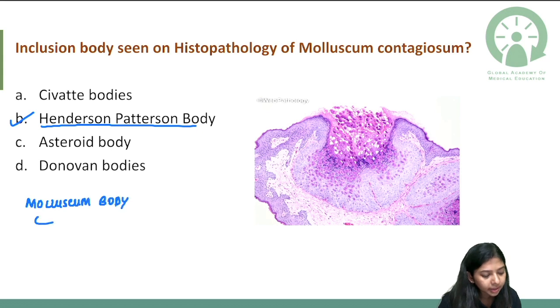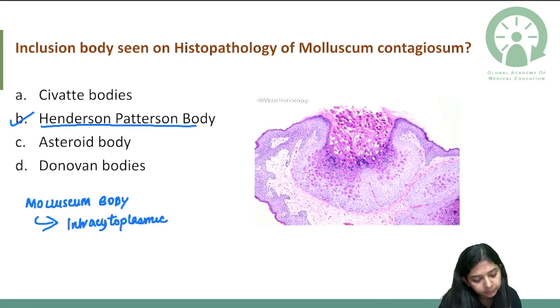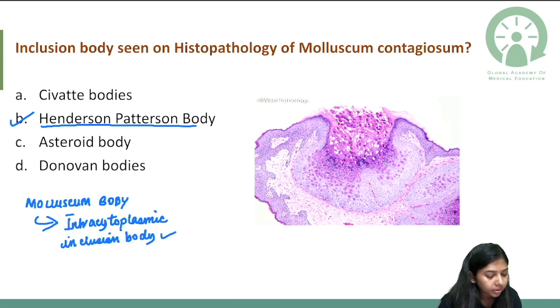Molluscum body or Henderson-Patterson body, it's an intracytoplasmic inclusion body, right? These are all infected keratinocytes, and you have intracytoplasmic inclusion bodies called as Henderson-Patterson bodies.